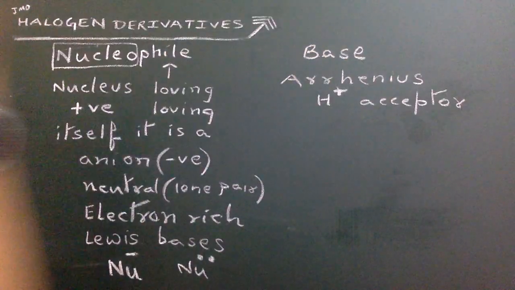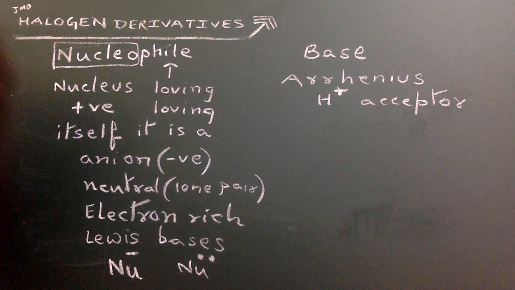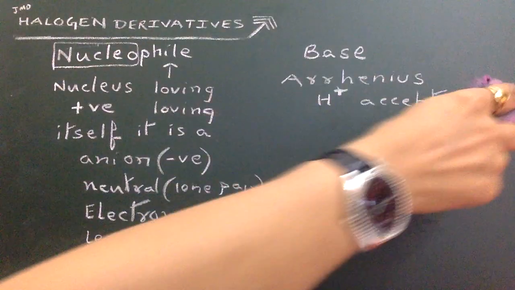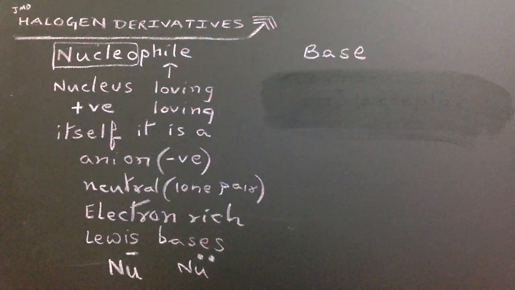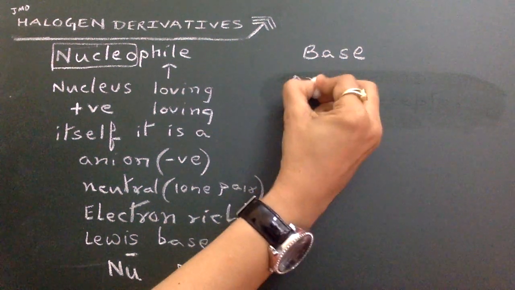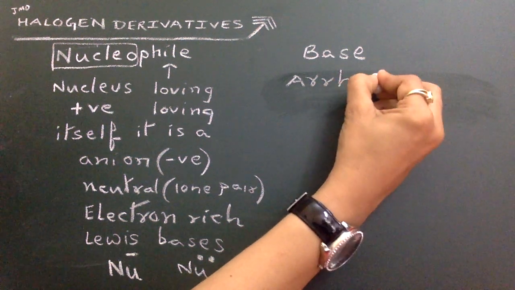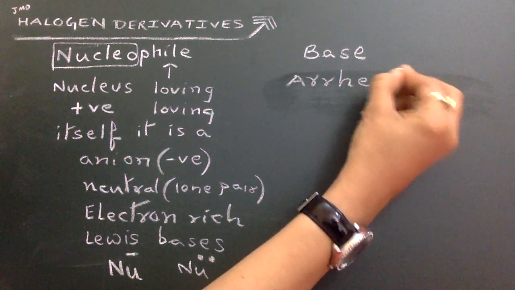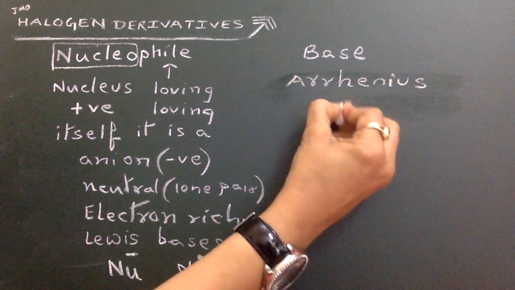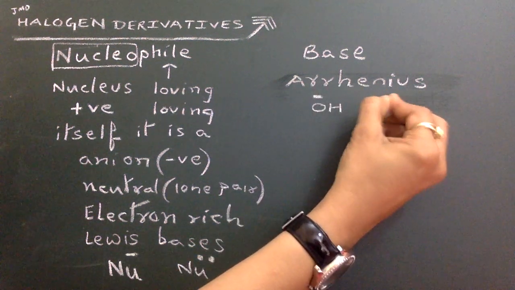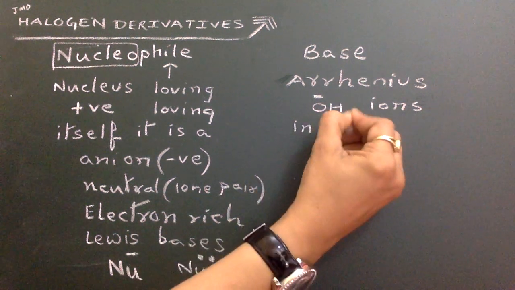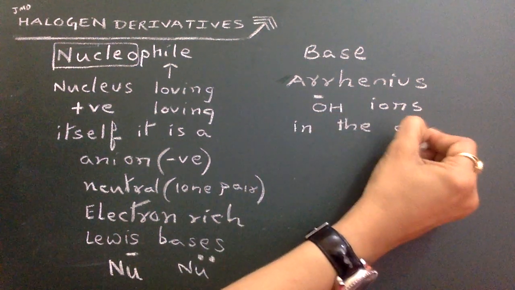No children, here we are not correct. This is not the Arrhenius theory. According to the Arrhenius theory, students, base is a substance which will produce hydroxyl ions in aqueous solution.